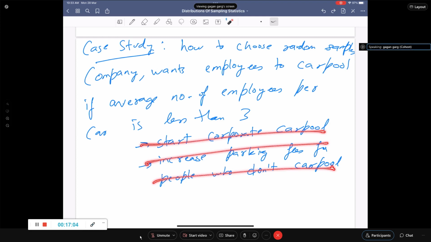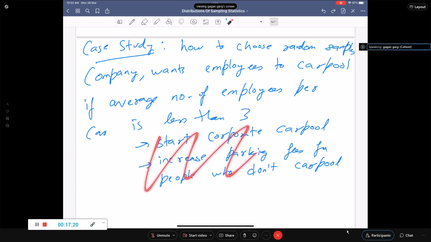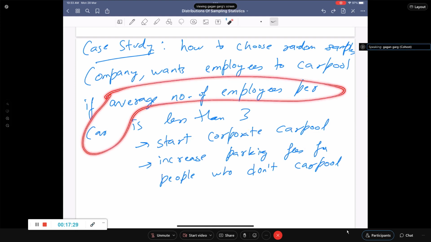And you need to be able to weed out things which are not important or which are not relevant. It's important but not relevant to the problem right now. Nobody will tell you X is this, Y is this, compute this. You have to figure out what is important and what is not important. So in this example, this has no meaning. The question is this. You have to find out the average number of employees per car. That is the problem.